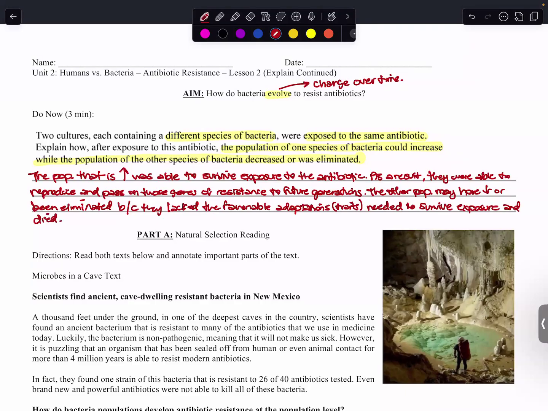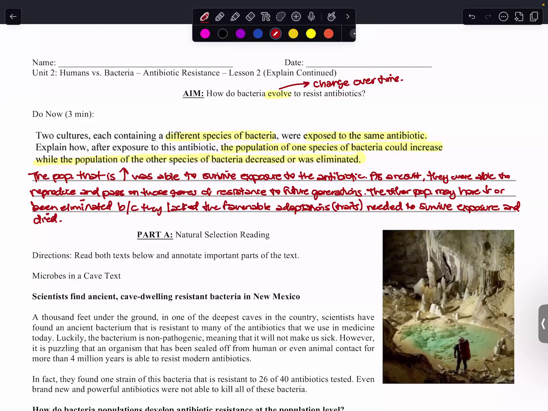It's that simple. One colony had the favorable traits that they needed to survive the exposure, and so they were able to survive and reproduce and pass on those favorable genes to their offspring, versus the other colony, they just lacked those favorable traits to survive the antibiotics, so they died, right?